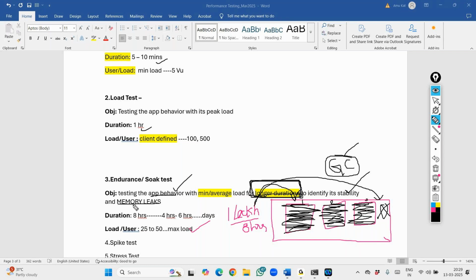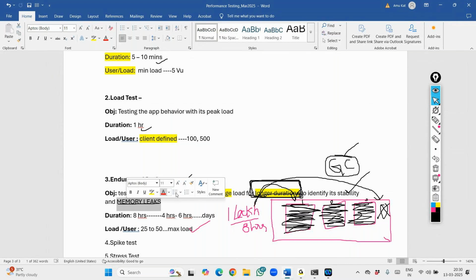Here we are mainly identifying its stability, and also checking whether we are seeing any issues in the memory, which is nothing but a memory leak.